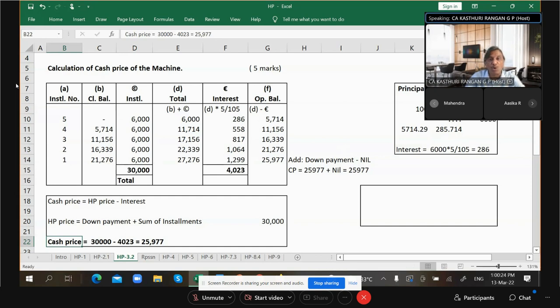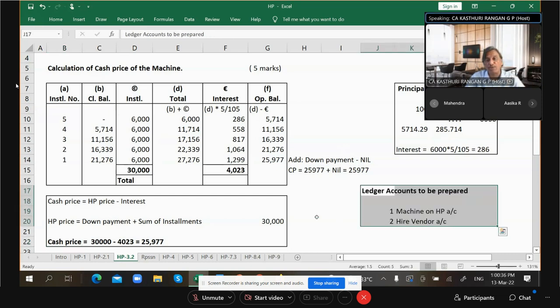For doing this working, they may give you anywhere between 4 or 5 marks. But sometimes in the exam, they'll ask you to prepare the ledger accounts also. What are the ledger accounts you have to prepare? You have to prepare the machine on HP account and the hire vendor account in the books of the hire purchaser. These are the ledger accounts you have to prepare.